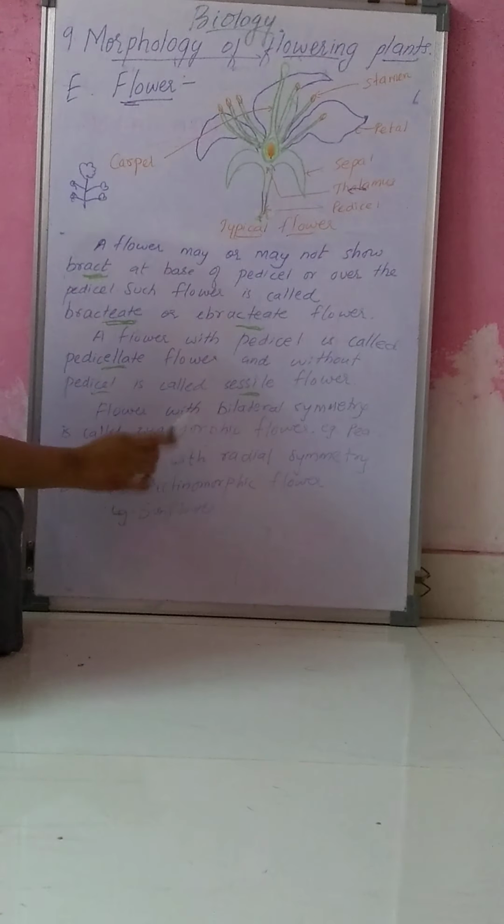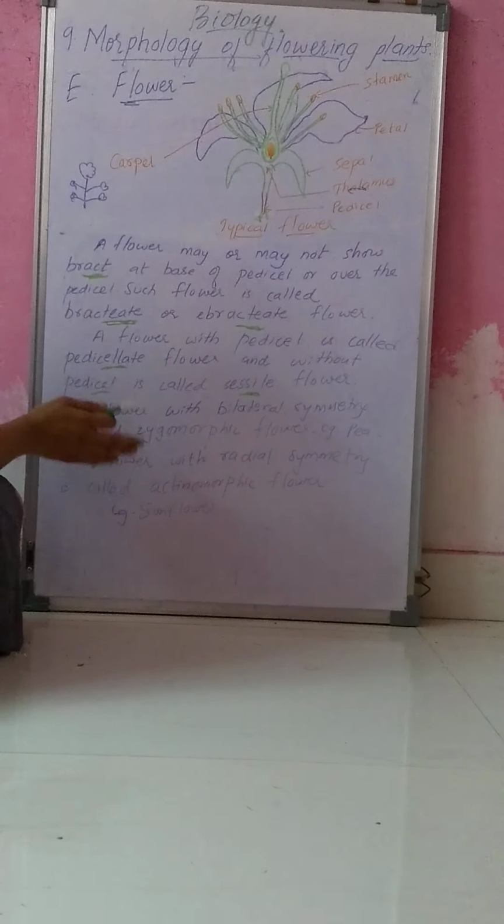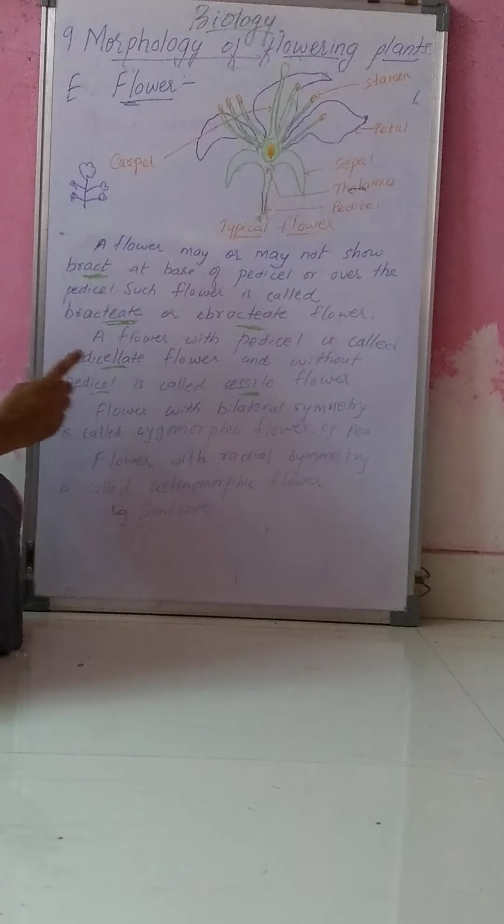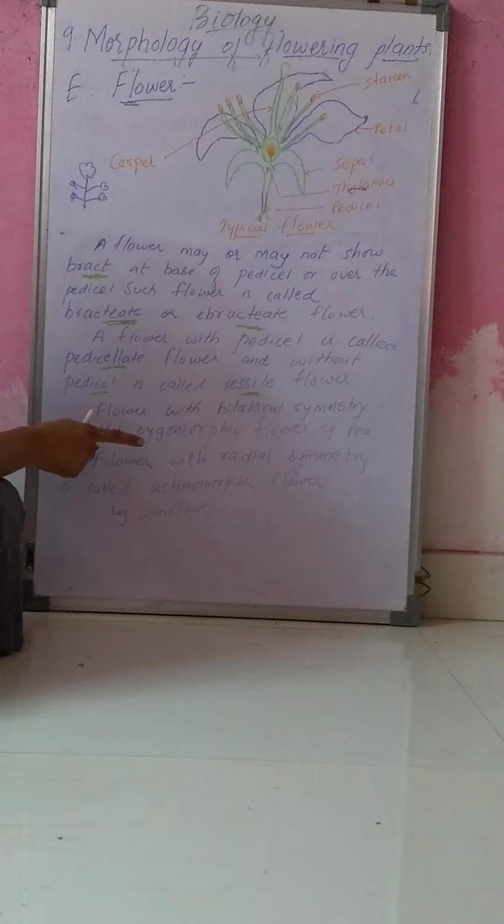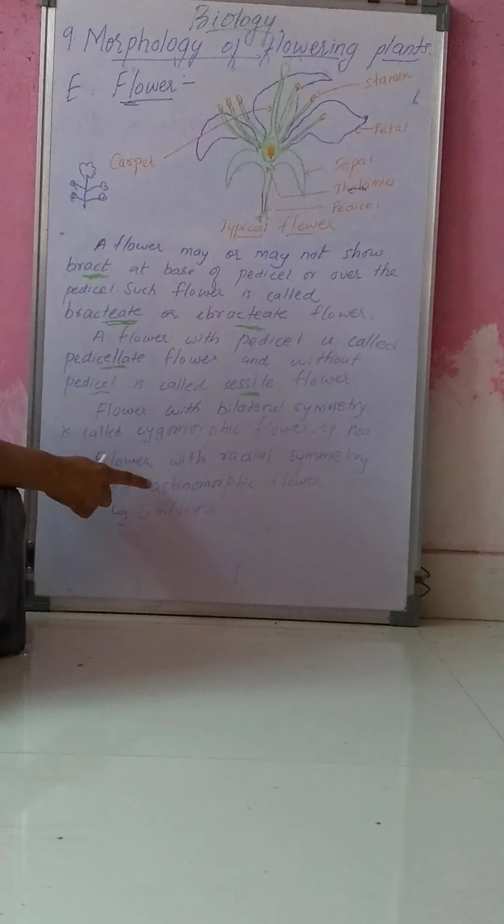Example here is sunflower. So on the basis of symmetry also, flowers are of two types. If the symmetry is bilateral, the flower is known as zygomorphic flower, and if the symmetry is radial, the flower is known as actinomorphic flower.